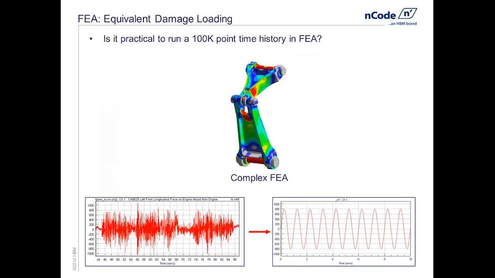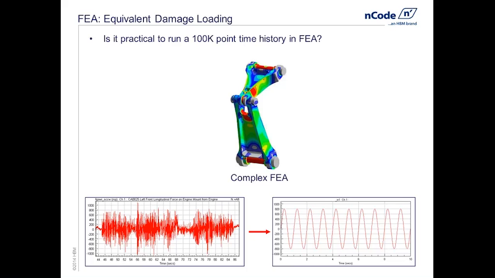This same concept can be extended into the virtual world as well. It's not really practical to run a complex FEA analysis with, for example, contact or something like that, with an hour's worth of measured data just to see how the part behaves over time. So rather than applying a super long force history, we pick maybe one or two forces that are representative of our in-service loading and allow us to accurately capture the part's stresses.